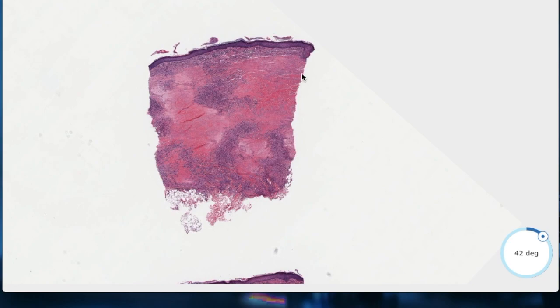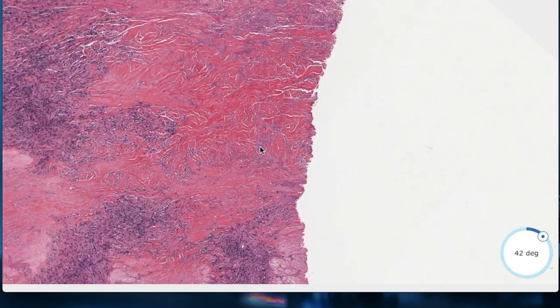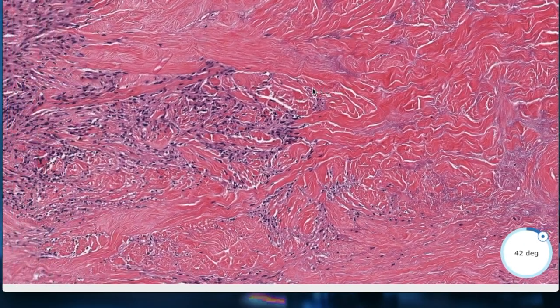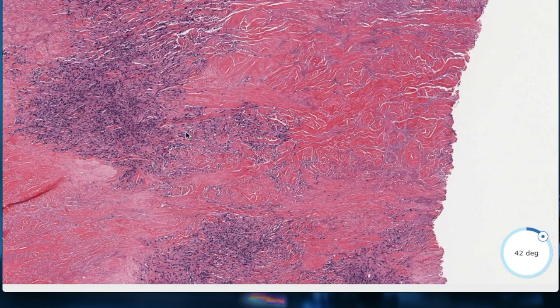However, we have something in the dermal area, and if you look on this power, you see like there is a lot of inflammatory cells infiltrate in the dermal area with necrobiosis of the collagen. So if I tell you that this patient has acute myeloid leukemia, what would be your diagnosis?